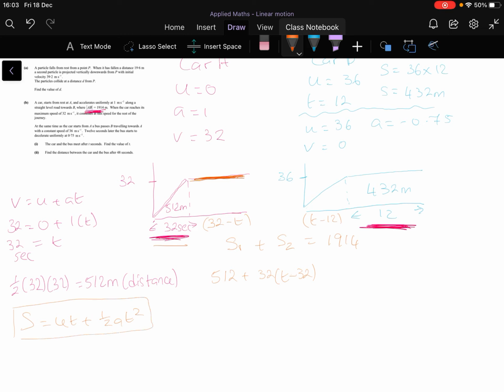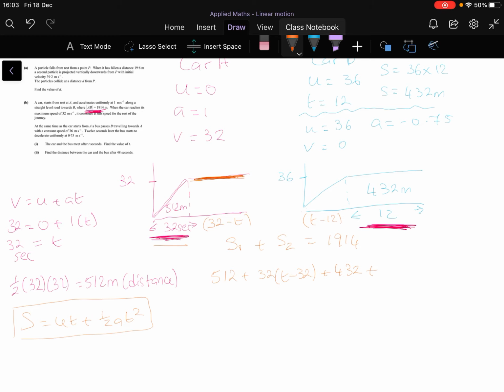Because there's a section of deceleration, we can't specifically use the area formula for that bit because we don't know how much of it is going to be used. But we know that all of this area is going to be used up. So I can say, well, I know my 432 will be there, but the remaining bit, this section here, I'm going to find using my S equals UT plus a half AT squared formula.